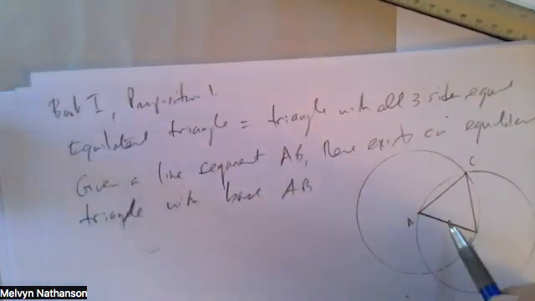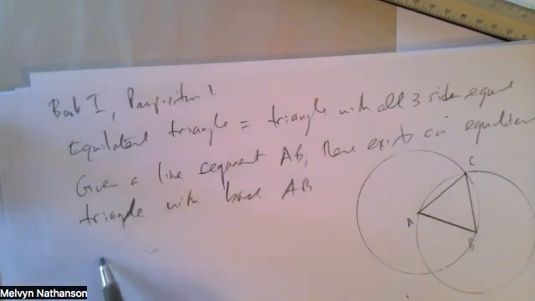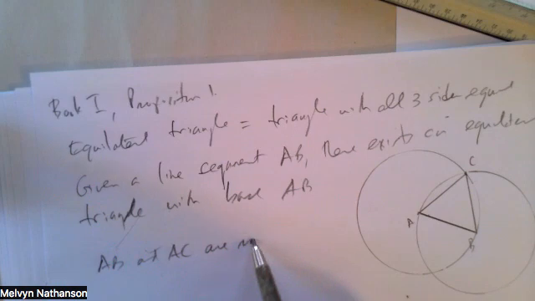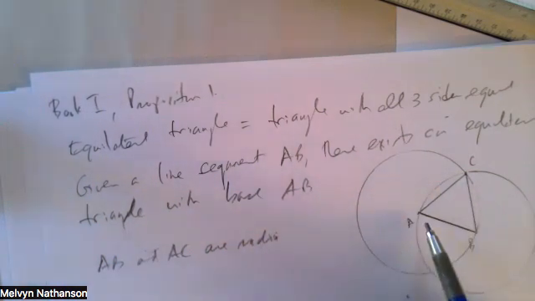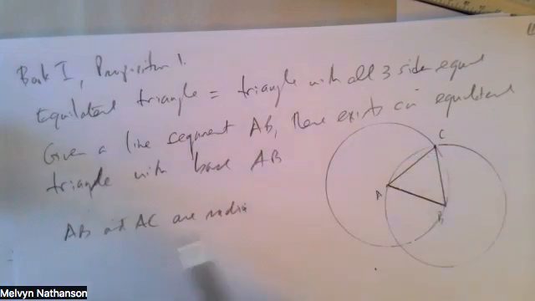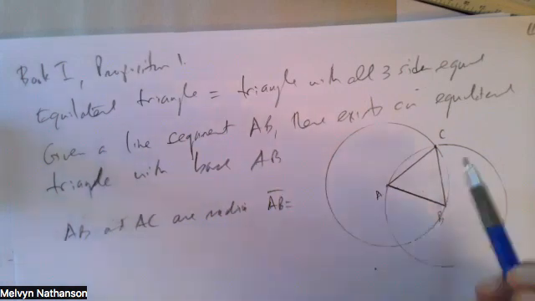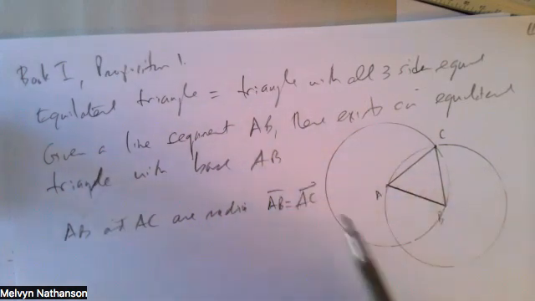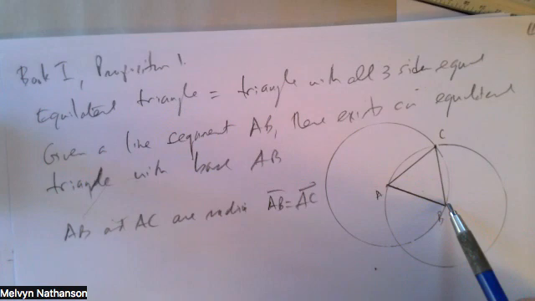So we started with AB. AB and AC are radii of the same circle, right? We drew a circle with center at A, radius AB, C is on that circle. So the length of AB equals the length of AC. But we also drew a circle with B as the center and the same radius AB.